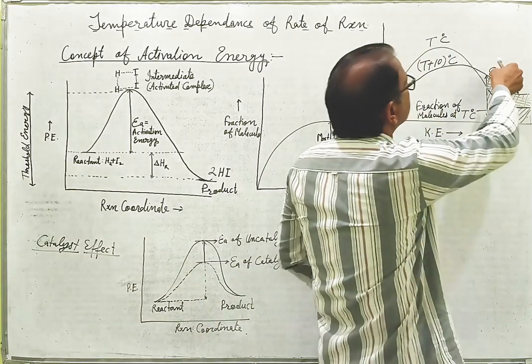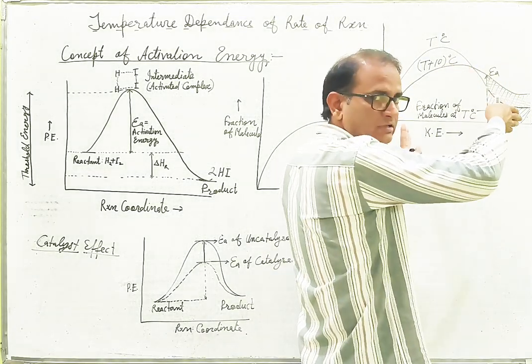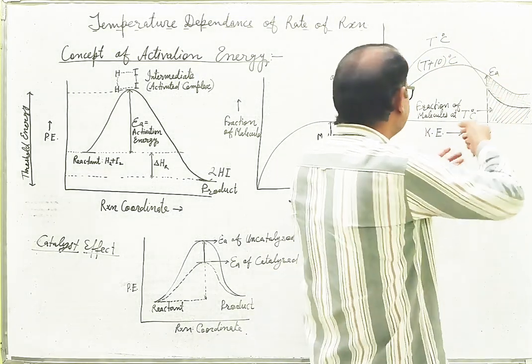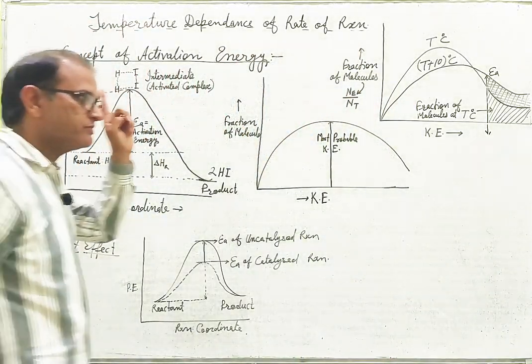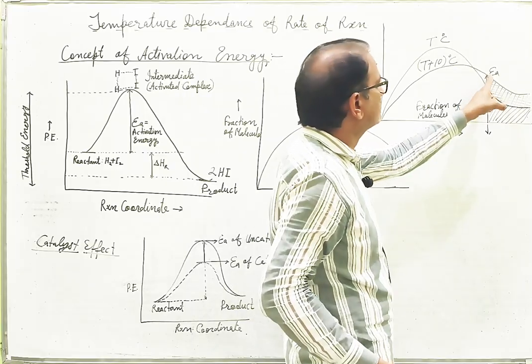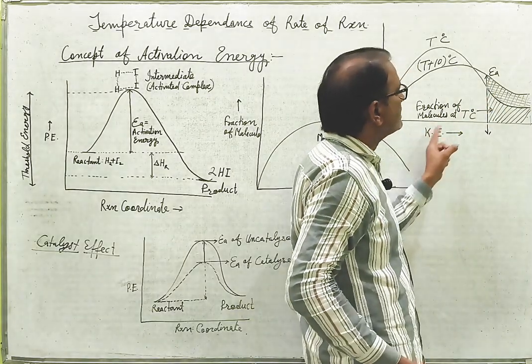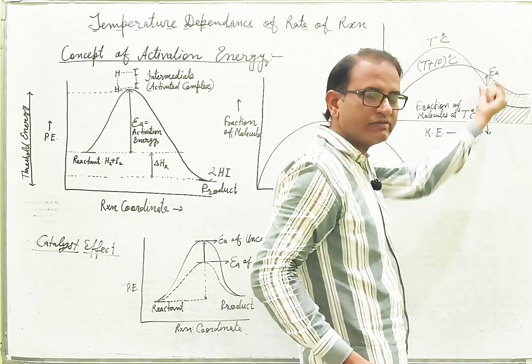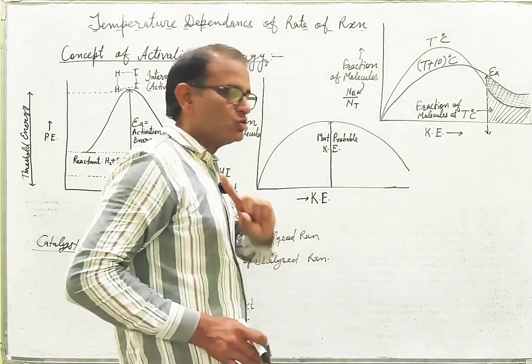In this graph there is no potential energy like before. Suppose if the molecules are getting this much kinetic energy, then they will get energy equal to activation energy, and they will convert into product.